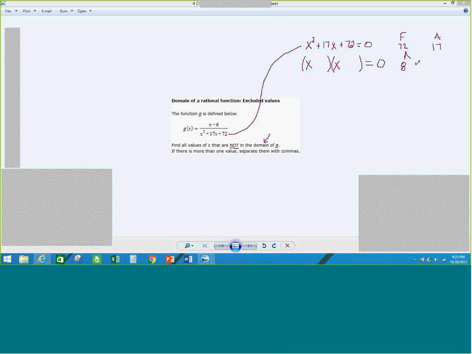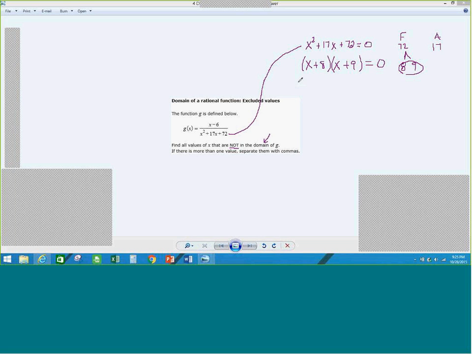If we multiply 8 times 9, that gives us 72, so that satisfies the first condition. Then if I add these numbers together, 8 plus 9 does add up to 17. So these two numbers must be our factors, a positive 8 and a positive 9. But 8 and 9, while those are the numbers we use for our factors, are not the answer to this equation.